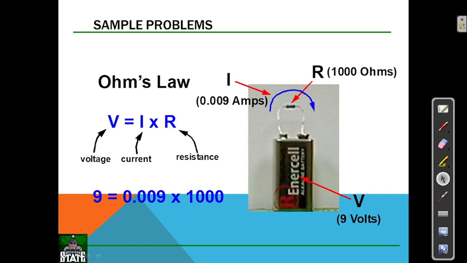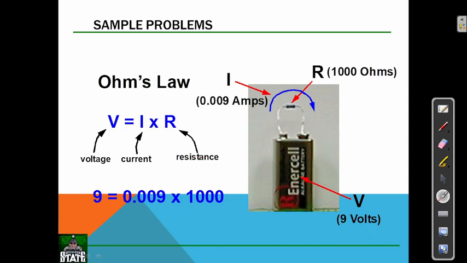This is a sample problem for Ohm's law. We can find out the voltage. How do we calculate the voltage? As we already know, voltage is directly proportional to current, so V equals IR, where V is the voltage, I is the current, and R is the resistance.